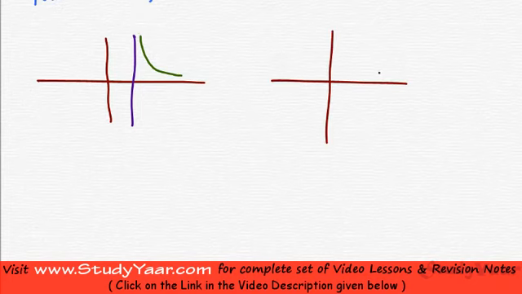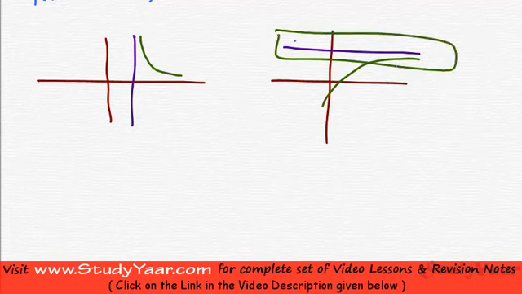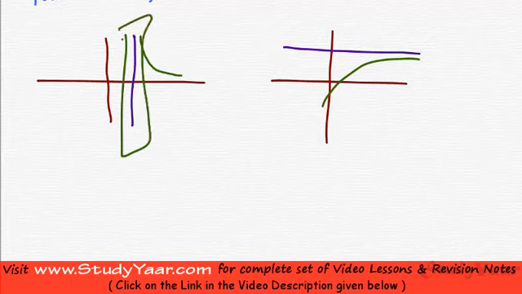If this is your coordinate axis, and this is your horizontal asymptote, then your curve could be something like this. As this goes to infinity in the x direction, your distance would tend to 0.